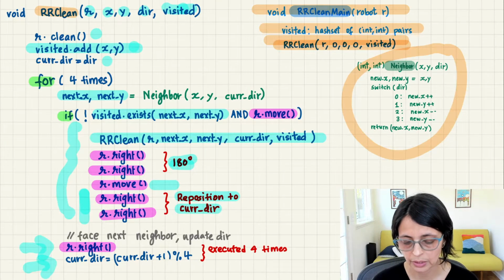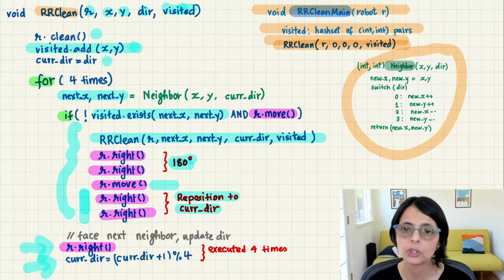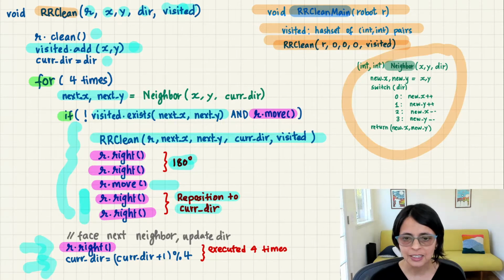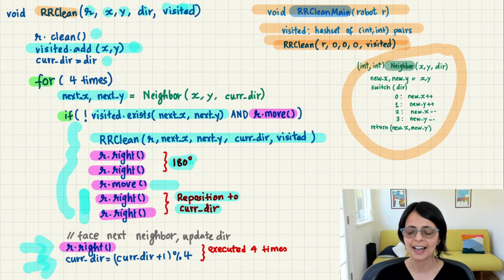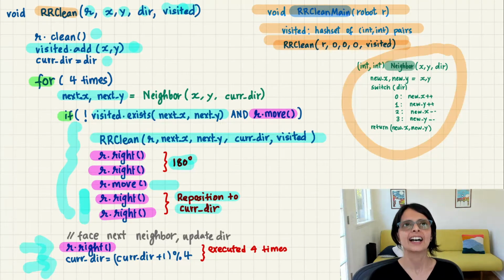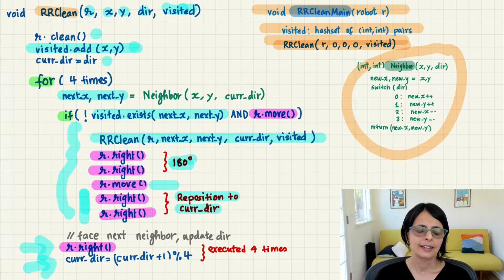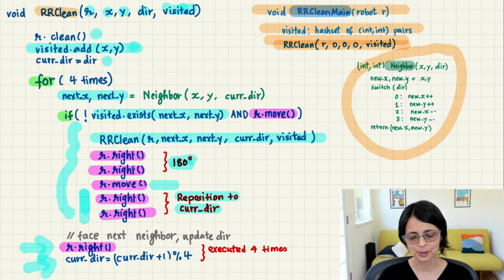And that's it, my friends. That's the DFS solution to the robot room cleaner problem. Now, as you can tell, it looks really simple, yes, but it's highly clever, highly nuanced code. So if you're feeling some discomfort, or if you're feeling like, whoa, these concepts are sort of mixing in my head, take some time, revisit it tomorrow.